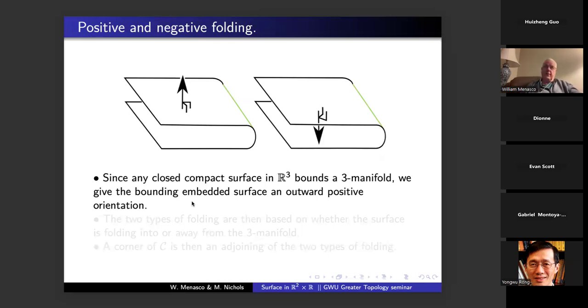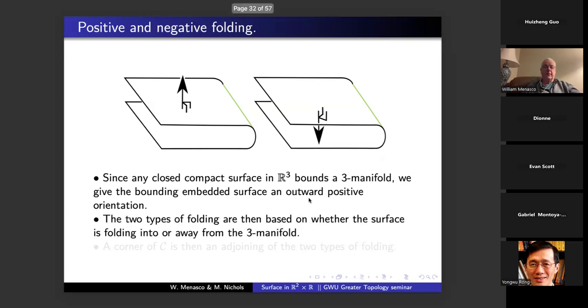If it's a copy of S1 cross S1, the torus embedded, it bounds a solid torus, D2 cross S1. So there's a natural inside, and then there's the outside. We want the orientation of the surface to be pointing away from the three manifold with boundary that it's the boundary of. That's where we want the positive orientation to be for our setup.